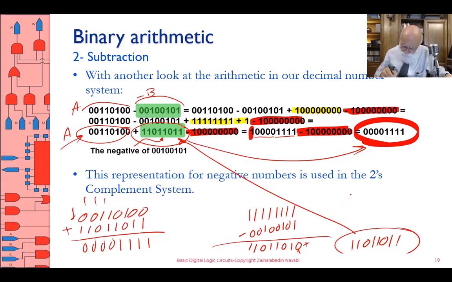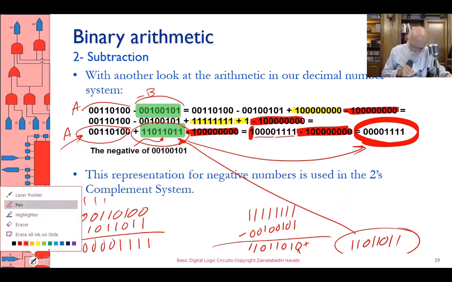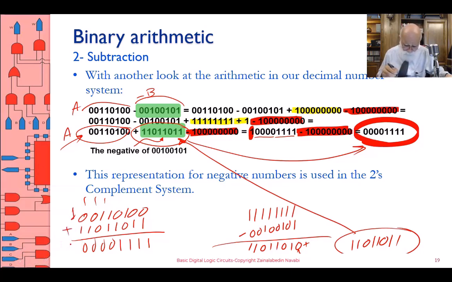If this was my B, I'm going to write it in a different color to separate it from this. So if it was something like, for example, this, 0 1 0 0 1 0 0 1.